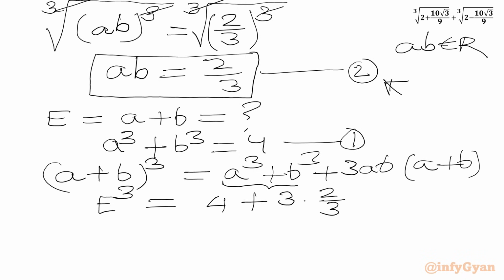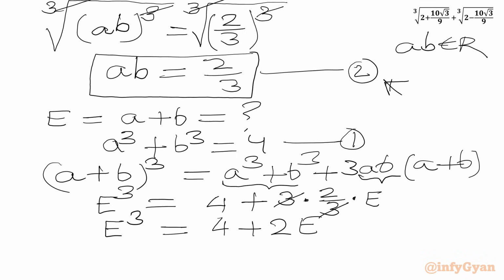We will write here 2 over 3 in place of ab, and a plus b is expression e. Now 3 and 3 will be over. We will get e cube equal to 4 plus 2e, or I can write one cubic equation, e cube minus 2e minus 4 equal to 0.